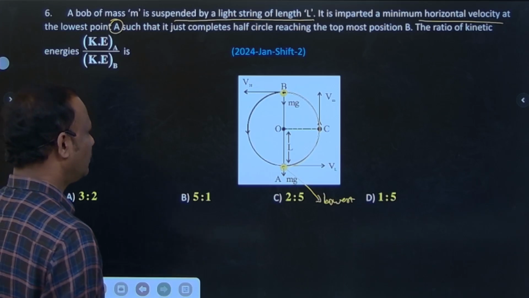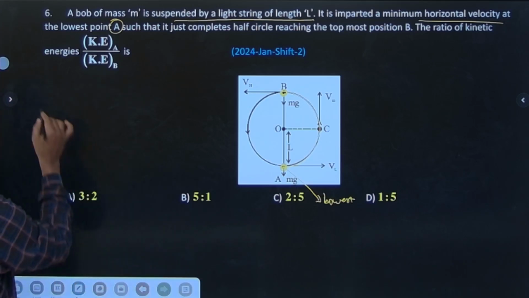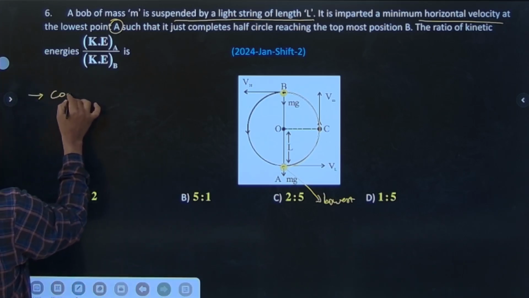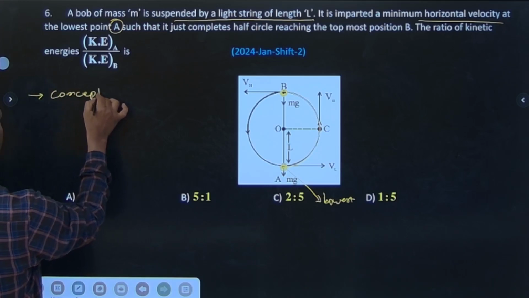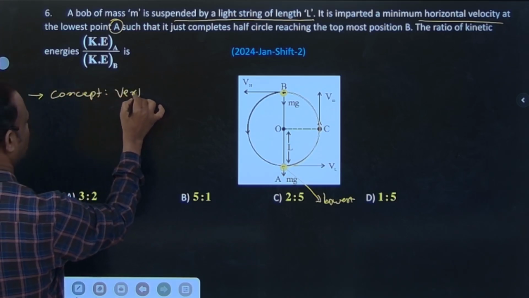So first, the concept we use here is vertical circular motion.